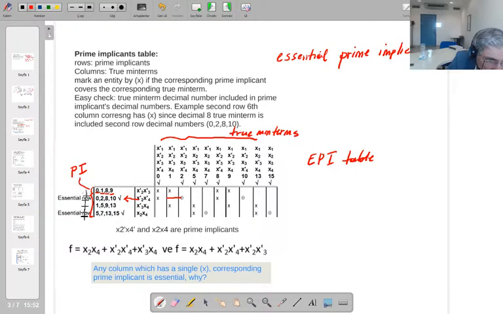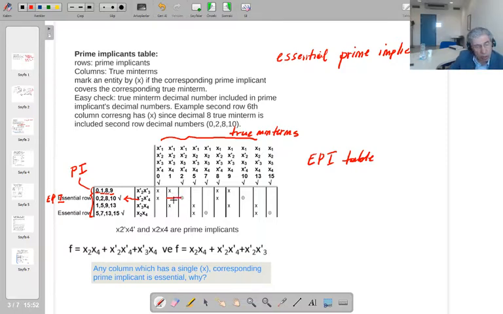So these are essential prime implicants, and this one here is an essential prime implicant. Why is that? The meaning is this: this true minterm 2 is only covered by this prime implicant. There is no other prime implicant which covers this true minterm 2. Therefore, it is an essential prime implicant.